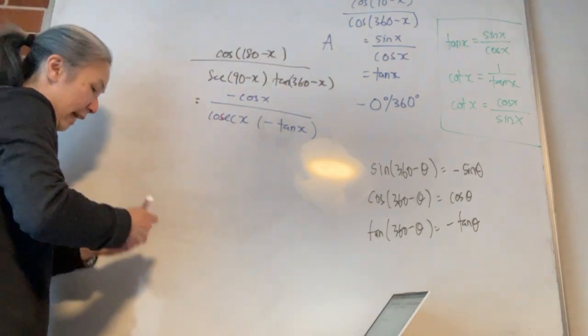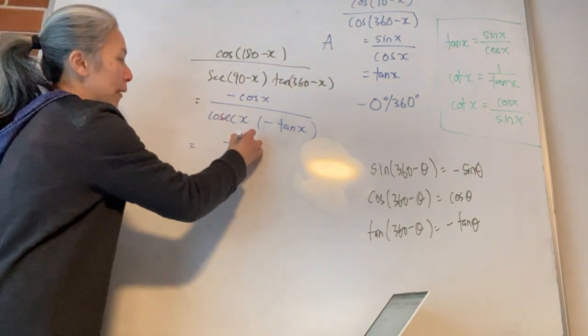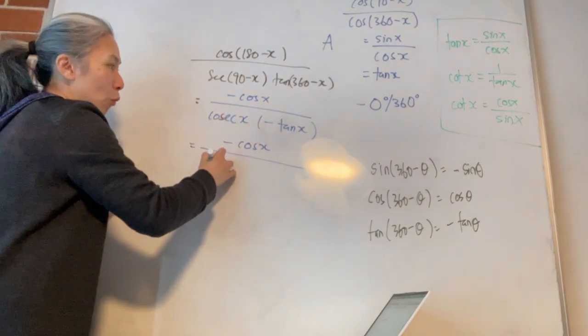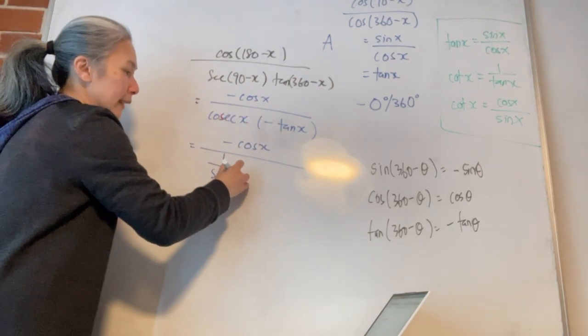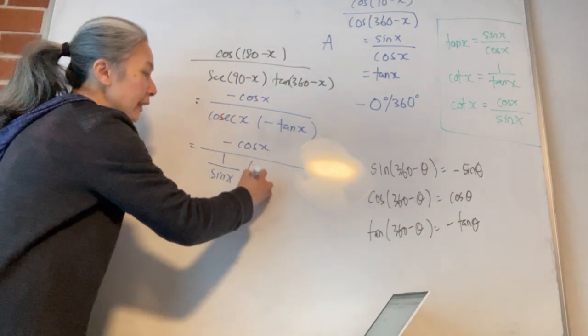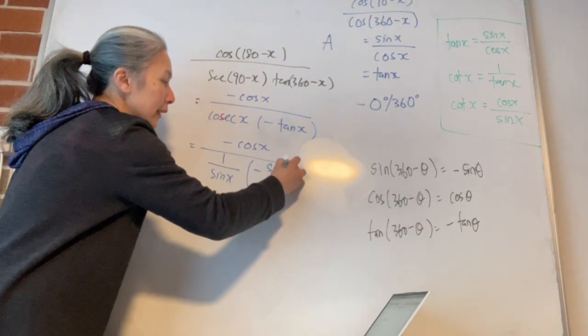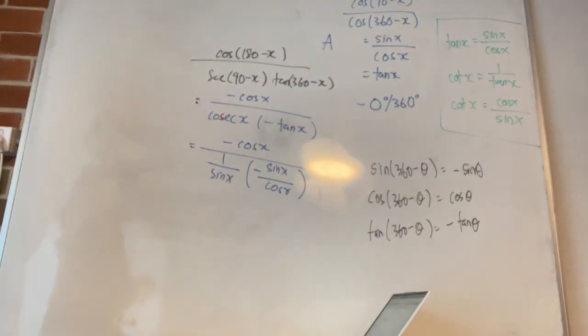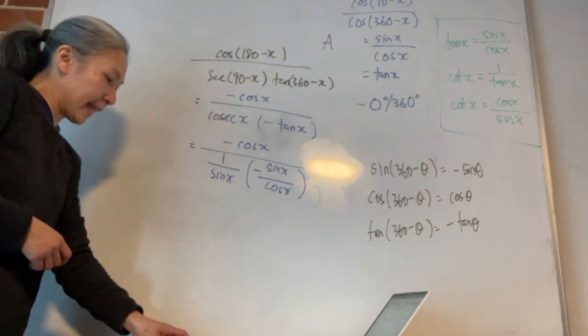So now what I can do is minus cos x. This term, I can write 1 over sine x. And tan, I can write minus sine x over cos x. Then I'm going to cross out as much as I can.